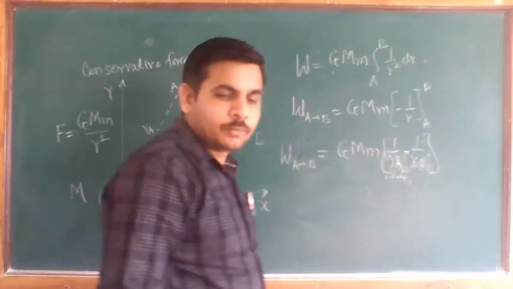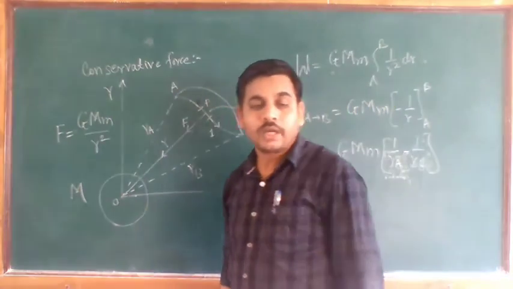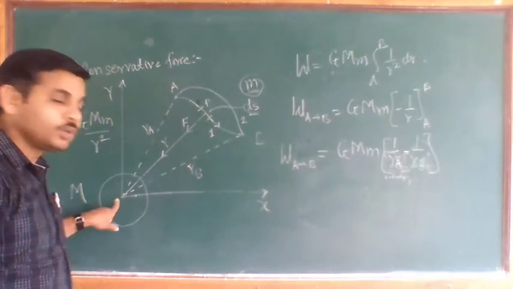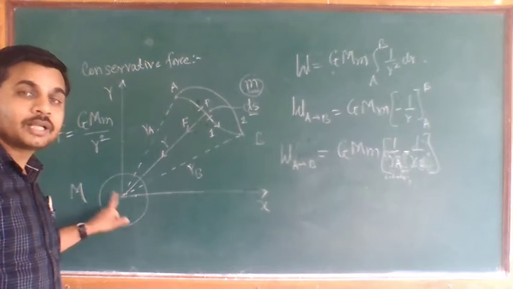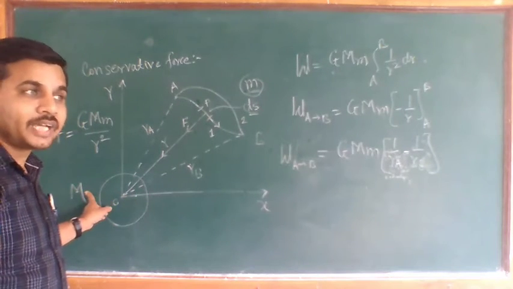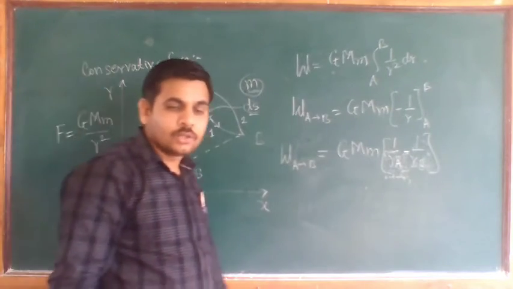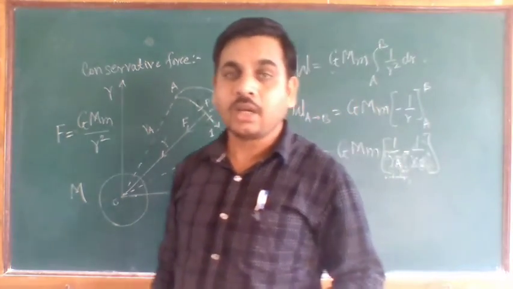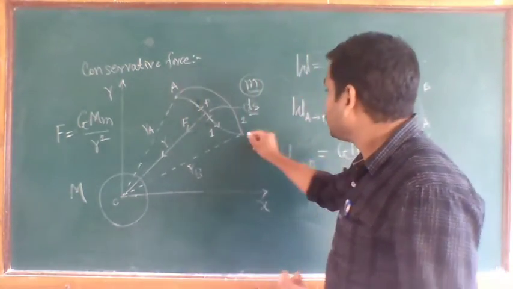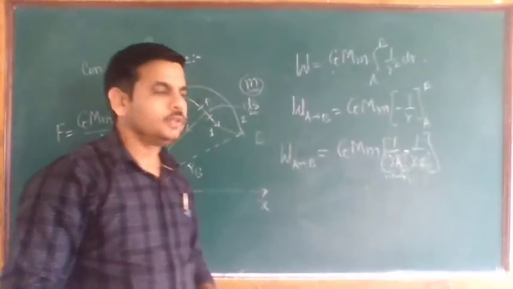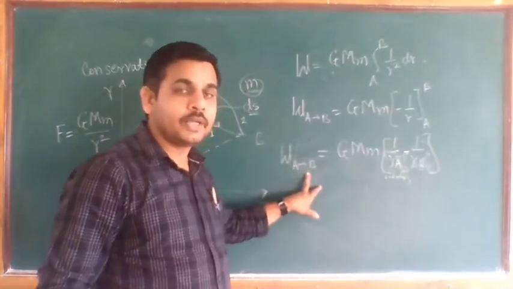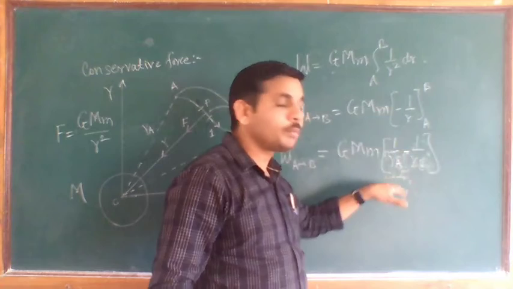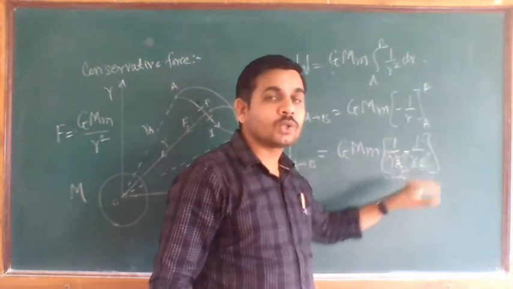From this equation it is clear that the work done by the gravitational force exerted by the mass M is independent of the path, and depends only on the end points. So W from A to B is equal to G M m into (1 upon rA minus 1 upon rB).